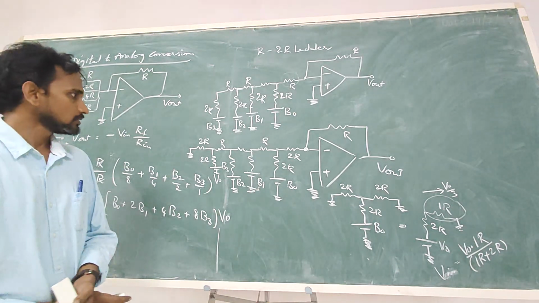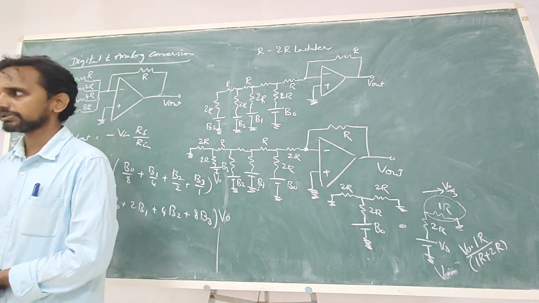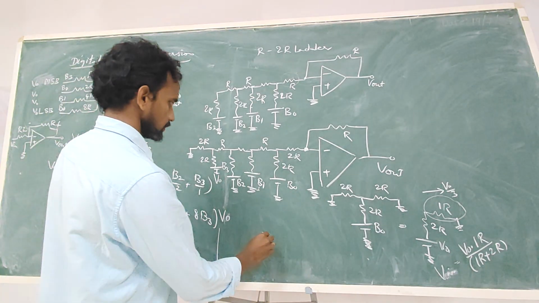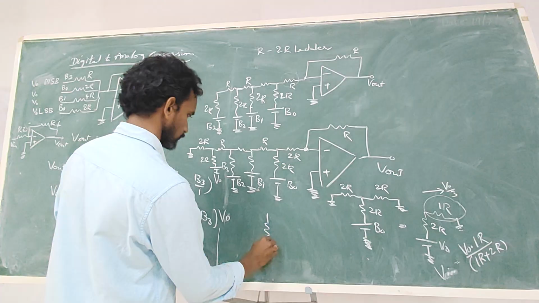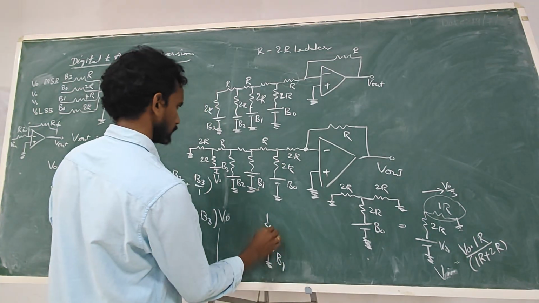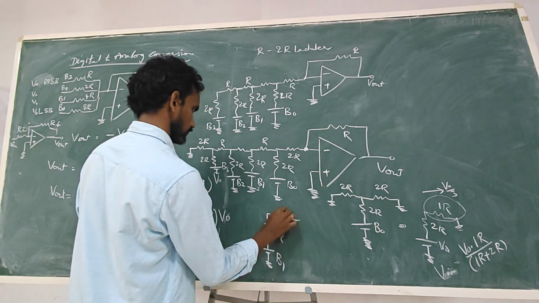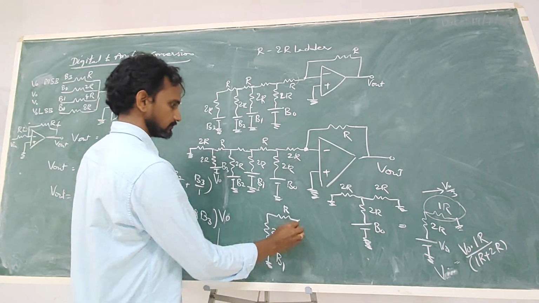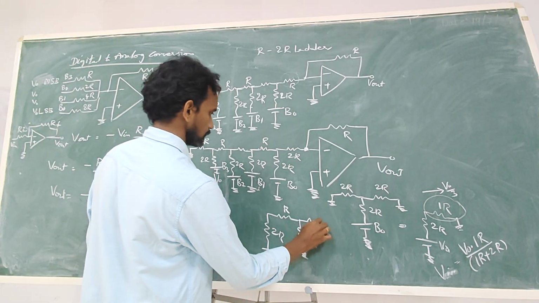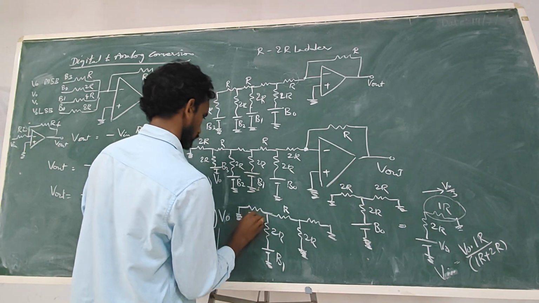Right? Now, if you have only B1 in the circuit, B0 is 0, B2 and B3 are all zeros, only B1 is active. Then what is the circuit? This is B1, 2R, R, and this is 0, so it is directly grounded.